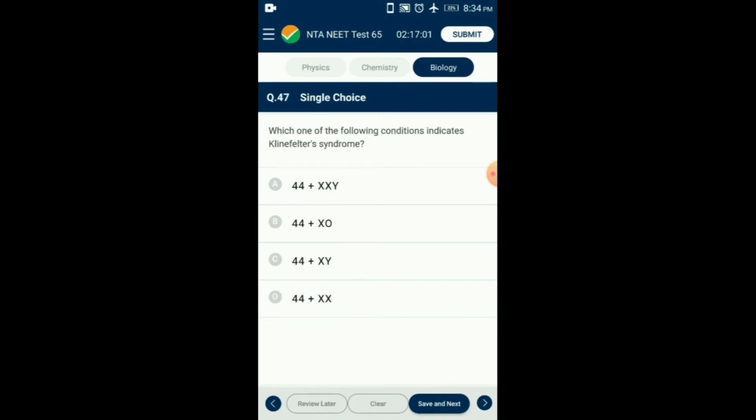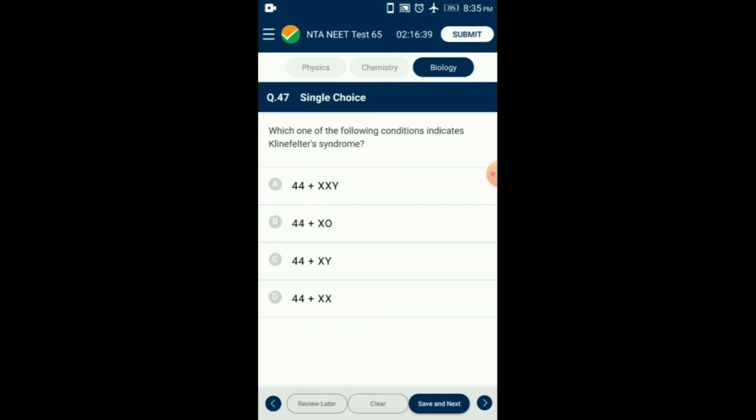Question number 47. Which one of the following conditions indicates Klinefelter syndrome? Sex determining mechanism in human is XY type. Out of 23 pairs of chromosomes present, 22 pairs are exactly same in male and females. These are called as autosomes.